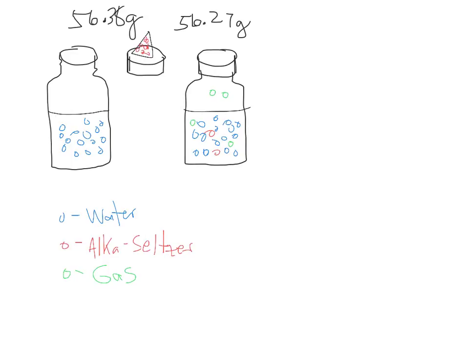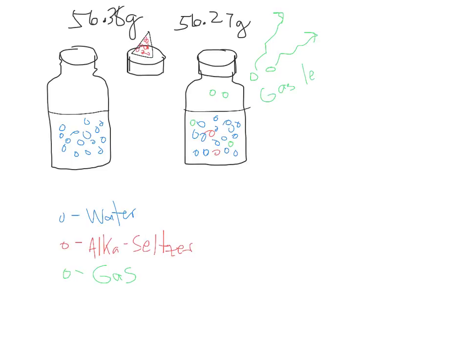And then, if you remember, the instructions were that you were supposed to leave the cap on loosely. What do you think happened to some of this gas? Yes, it got out, people. Some of the gas got out of the vial and went away.